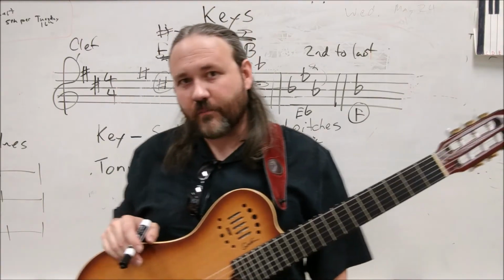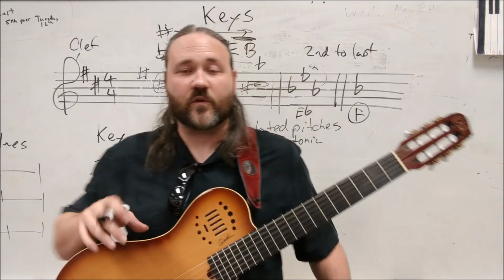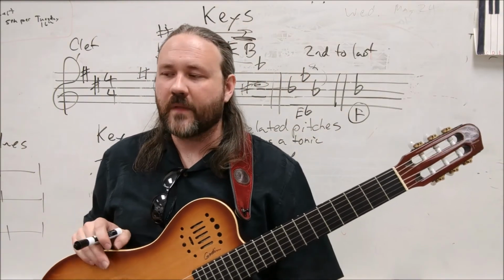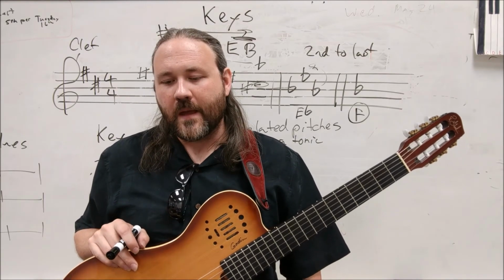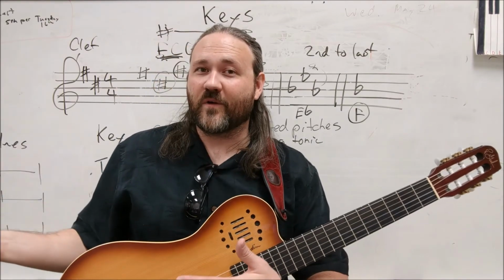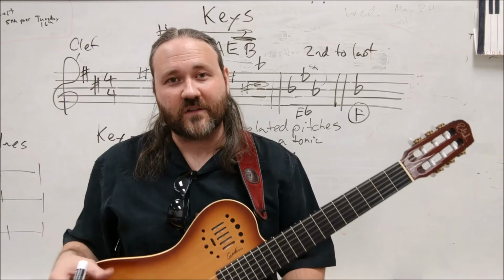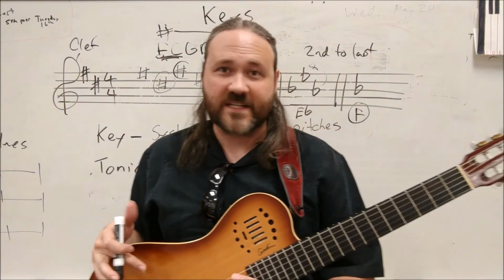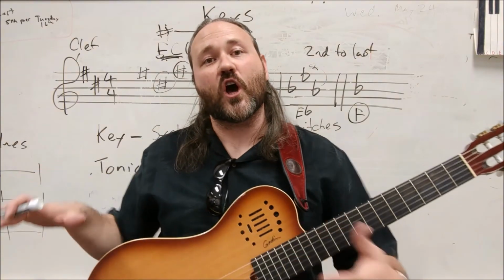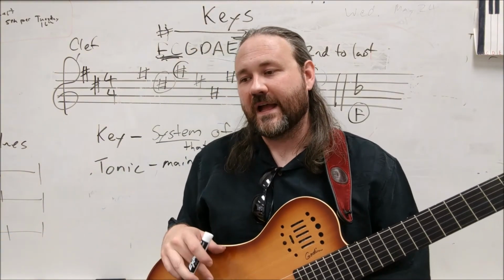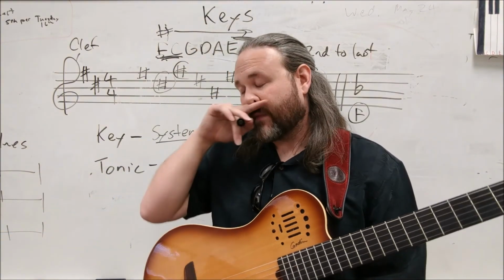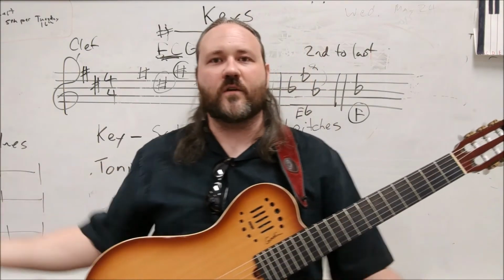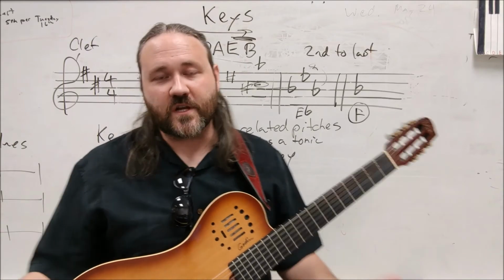And we have lost most of those color differences as we've created true equal tempered tuning, the 12-note equal tempered system. If you were to go back and play Baroque music, you'd probably get a lot of those colors back, which would mean that F sharp would sound very significantly different in terms of the color of the chords and the color of the music than a C major or G major would. We kind of lost that, but as we change between keys, we're still going to have an effect when we start changing between the keys.